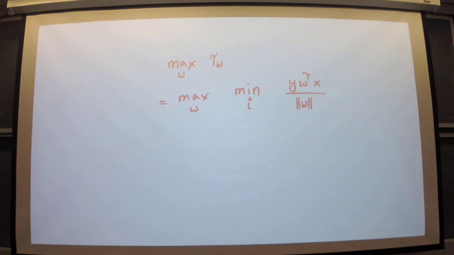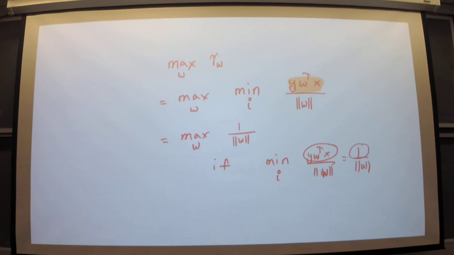Instead of doing this, suppose I only consider those W's such that the numerator here is equal to some constant, 1. 1 is a convenient number because you can forget it. You don't have to keep track of it when you multiply. So instead I want to find the maximum over W of 1 over the norm of W, if the closest point has Y W transpose X equals 1.